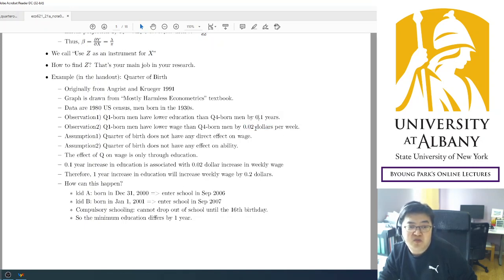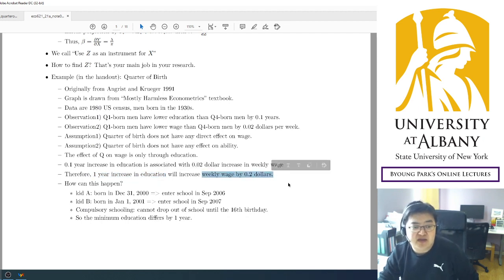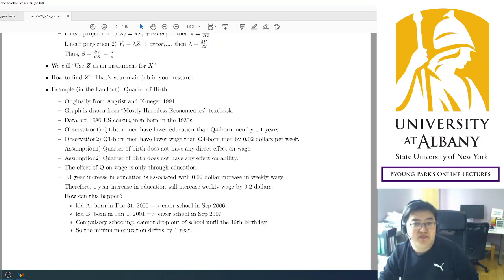So 0.1 year, $0.02, which can be extrapolated to say that if the change was 1 year, 10 times greater than this, then the change in wage would be 10 times greater. So 1 year increase in education will increase the weekly wage by $0.02. That is our conclusion. So this is the effect of education on wage, and beta is 0.2, right?